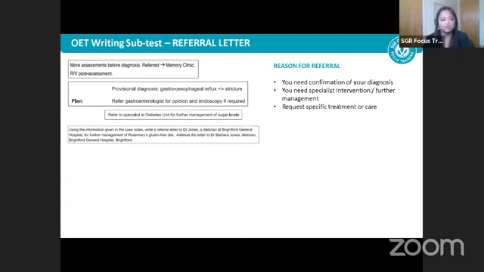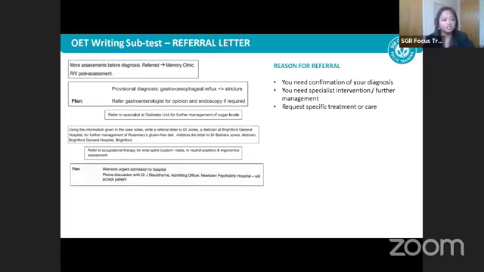You could also request a very specific treatment or care, such as requesting that the occupational therapist provide a wrist splint. And in this other one, it's basically urgent admission to a psychiatric hospital.